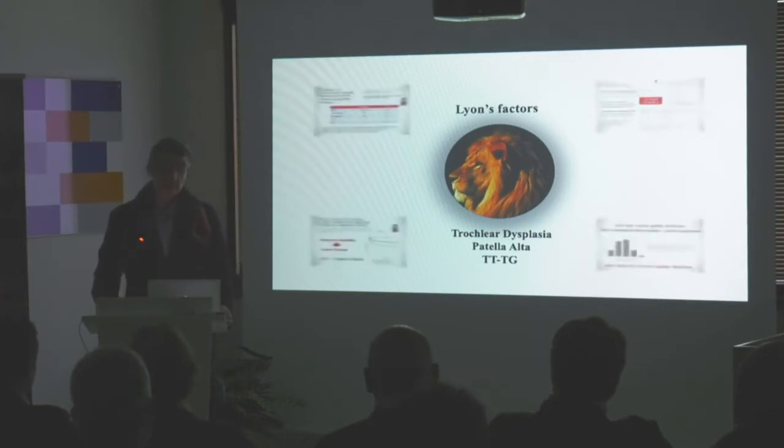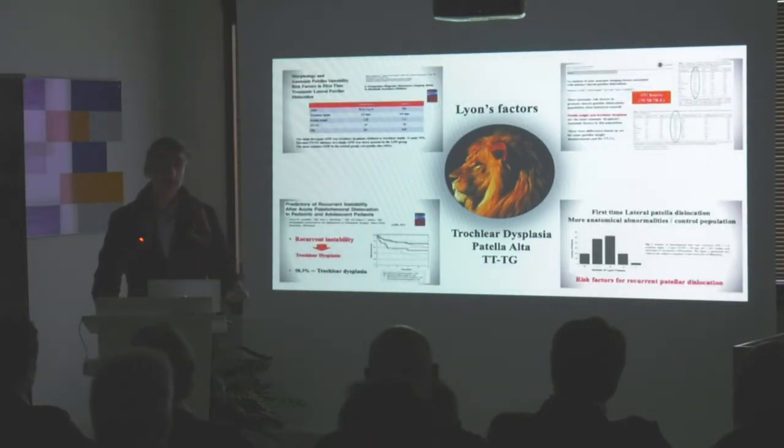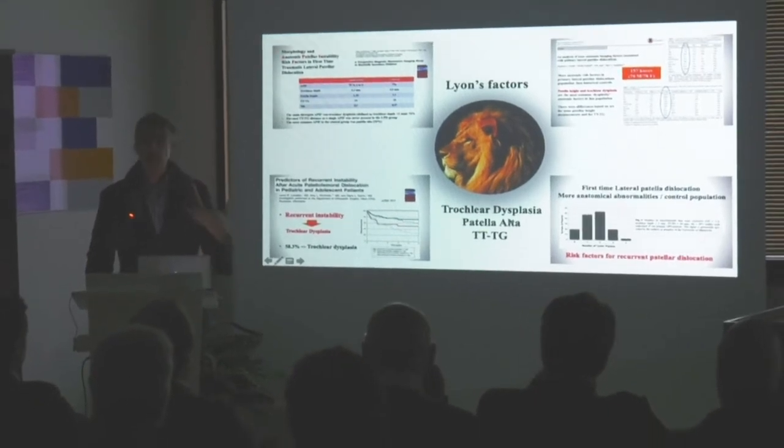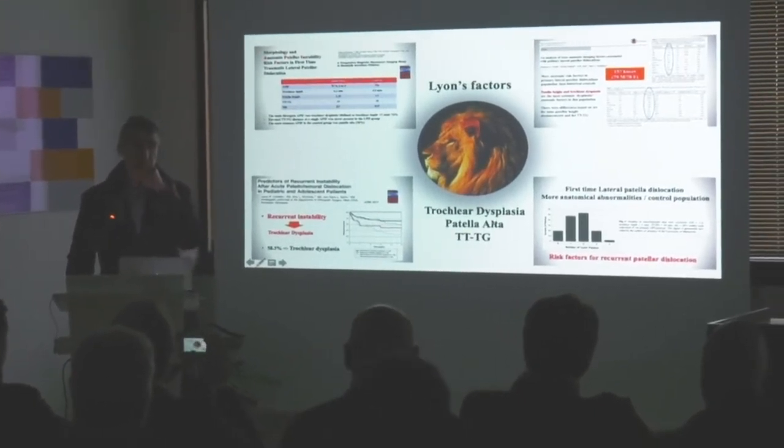And we start to have quite a lot of literature about that, not coming from Lyon, coming from outside, and this is what is very interesting. Some studies showed that definitely the risk factors are huge things in the recurrence of patellar dislocation.